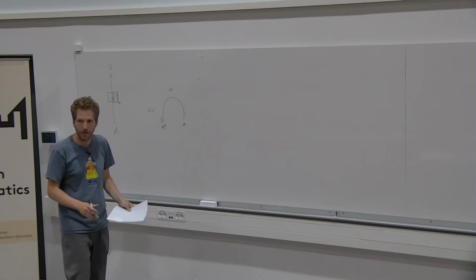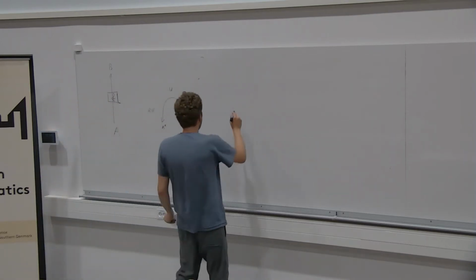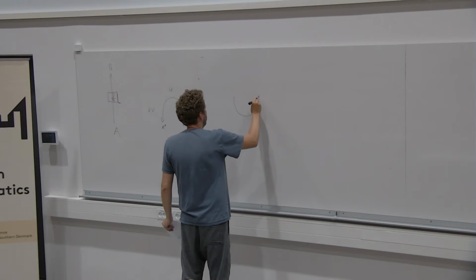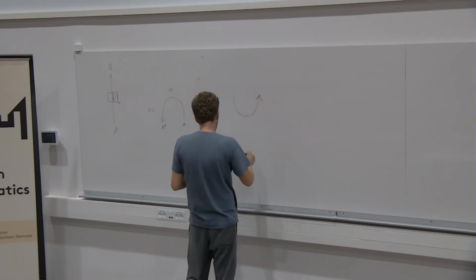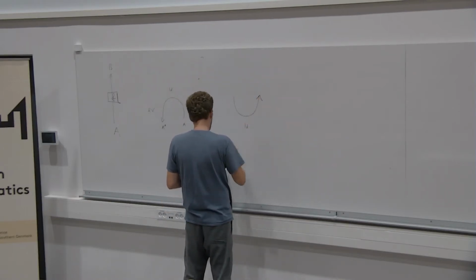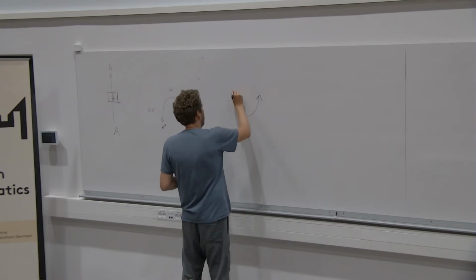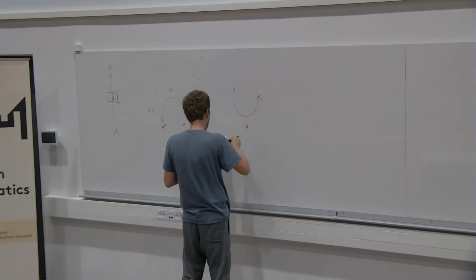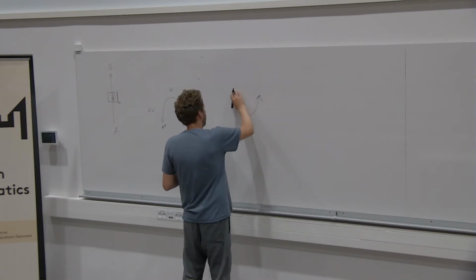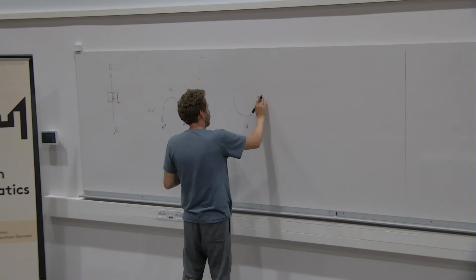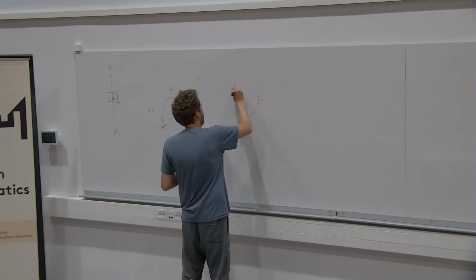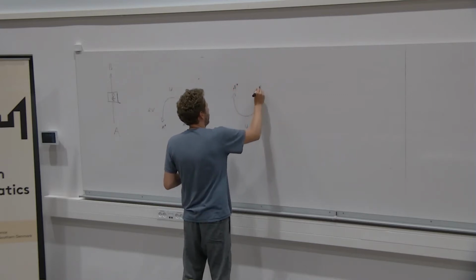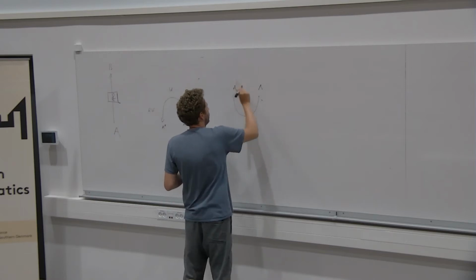It's our evaluation. Same thing with the co-evaluation, we just draw it the other way around. So here we go from nothing to A times A dual.